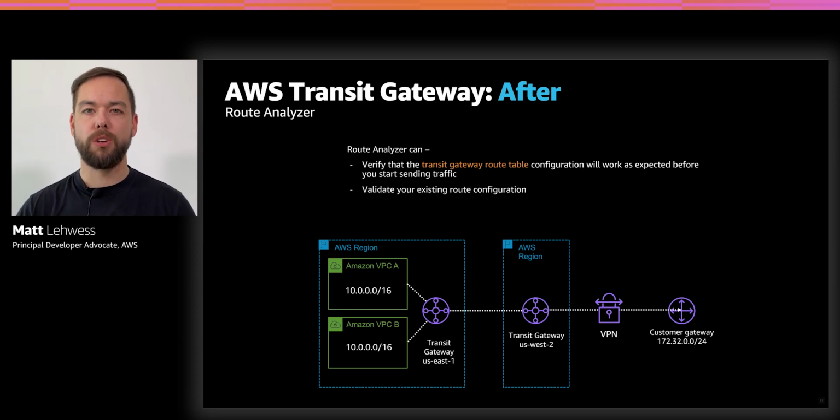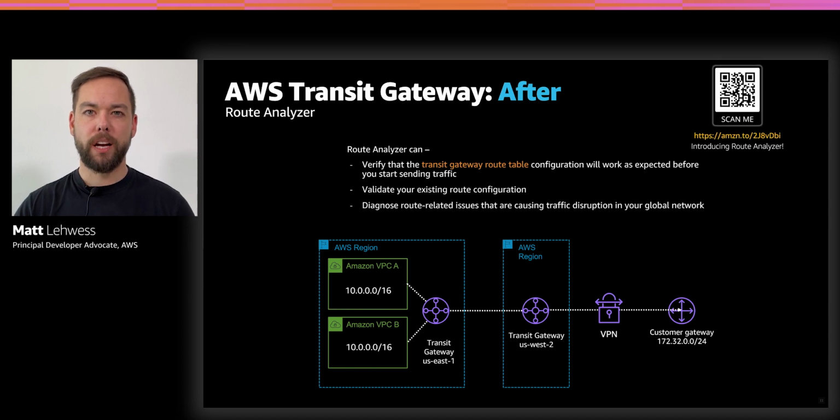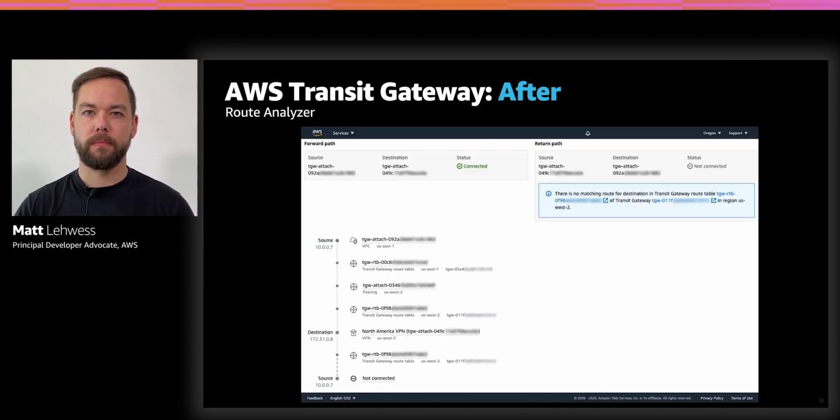And if you would like, you can also diagnose route-related issues, because we do realize that with routing and a transit gateway, you can have up to 10,000 routes. So 5,000 VPCs per transit gateway and 10,000 routes. And that can get complex when you've got a whole bunch of VPCs that you want to connect to, and now we have peering. So Route Analyzer helps simplify that a little bit and give you a bit more visibility into what that looks like. A quick QR code there for you folks too.